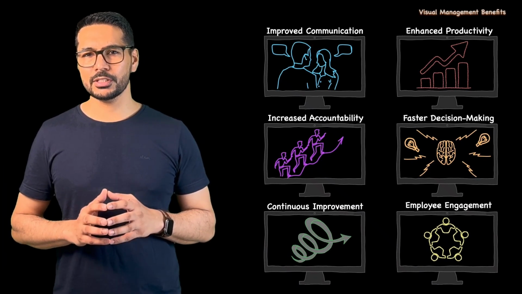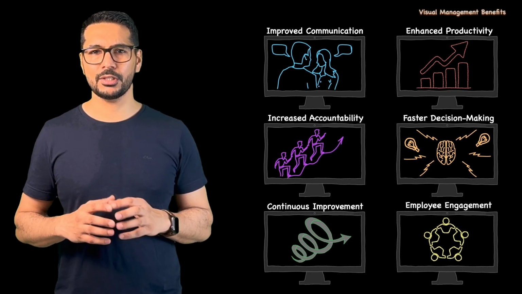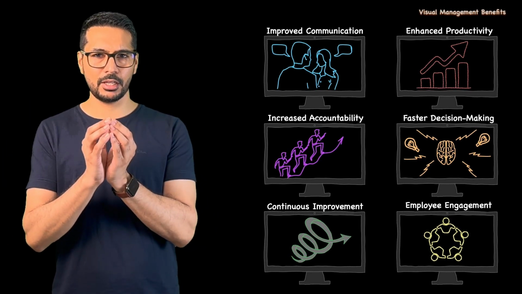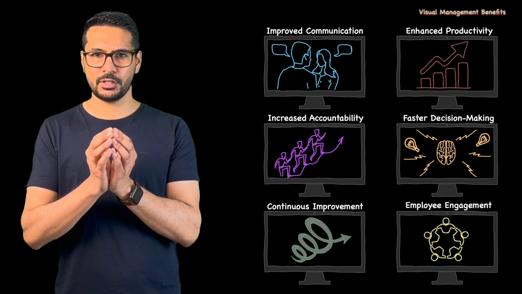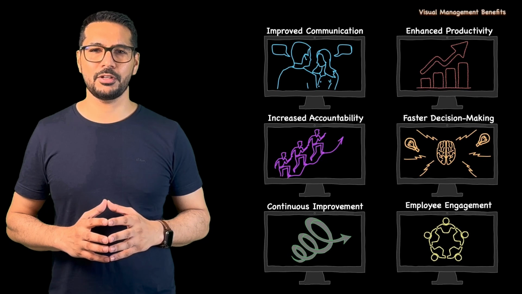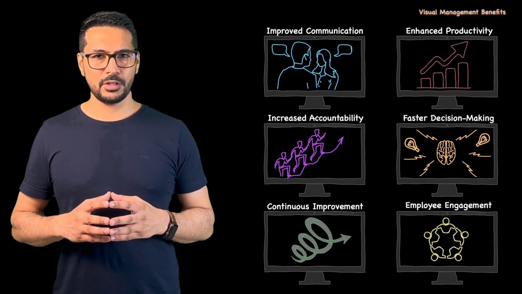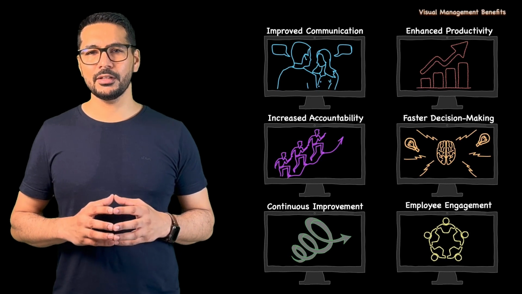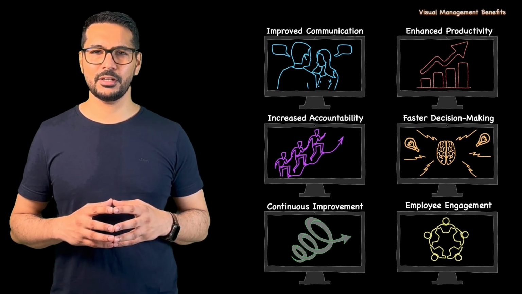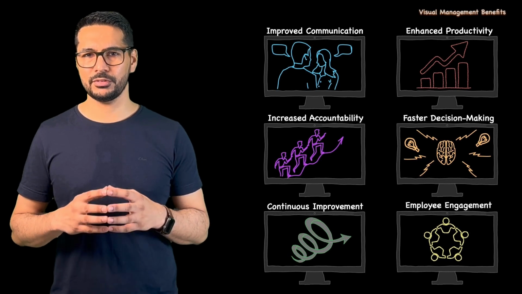And the employees are more engaged in the overall big picture than just their small area of monotonous work. So the visual management enhances employee engagement. Through these benefits we have discussed, we increase the productivity and we eliminate the waste in office areas, thereby reducing the cost of the office area.